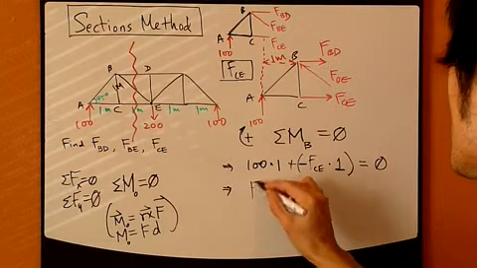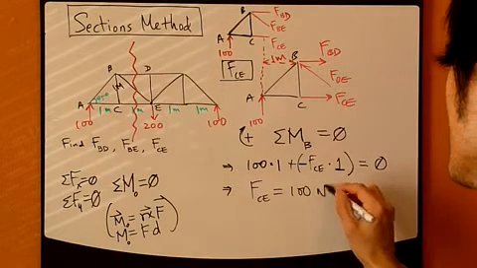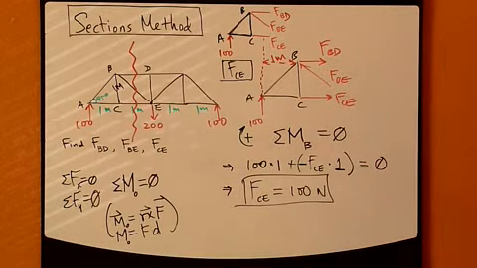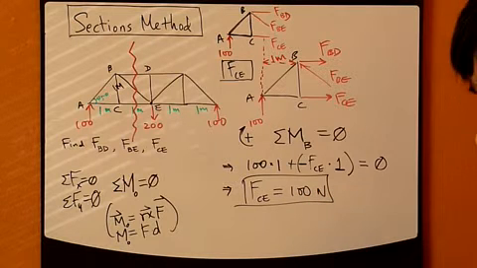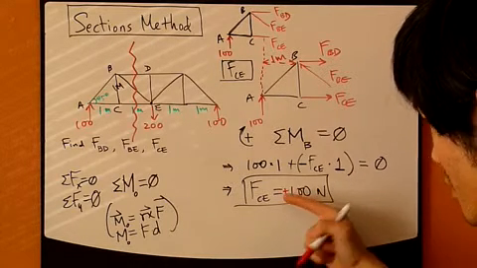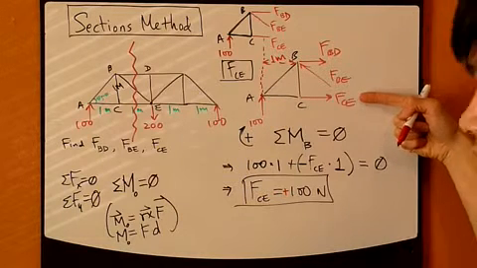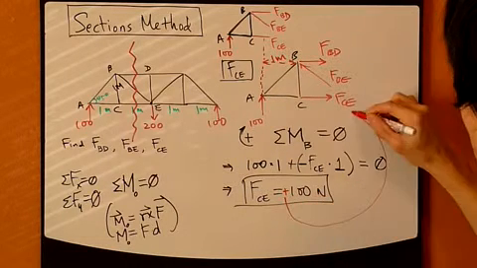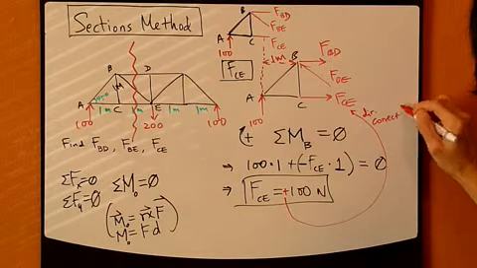So move this term over. So FCE turns out to be 100 newtons. So FCE is positive 100 newtons. Positive means, and this is important, that your originally assumed direction is correct.